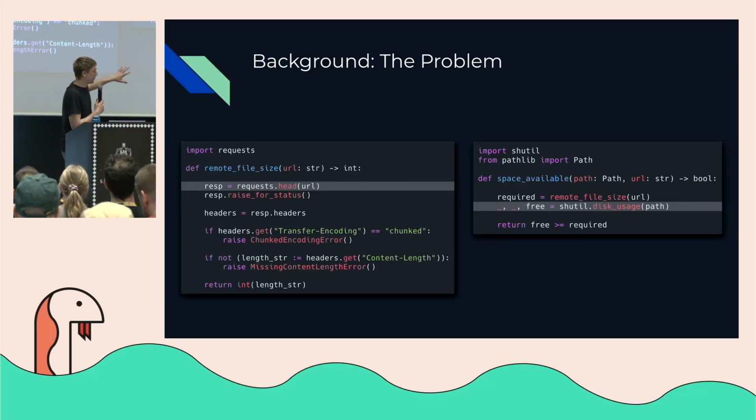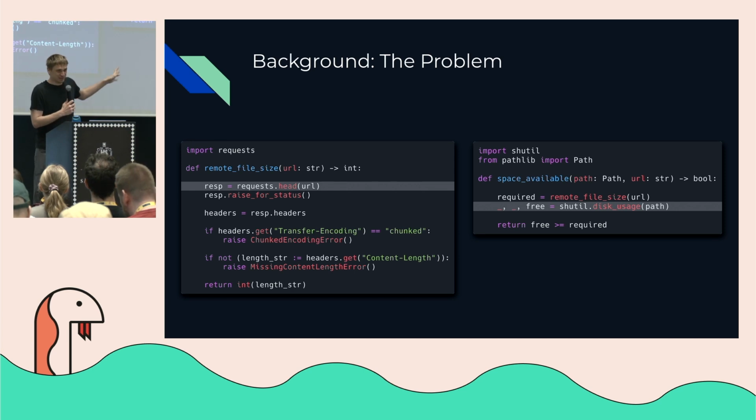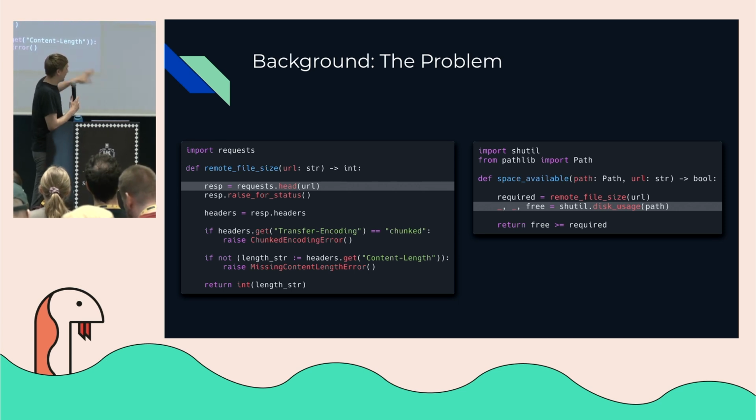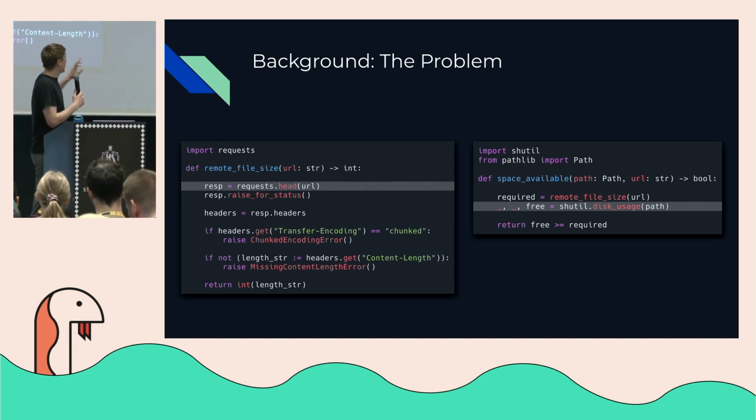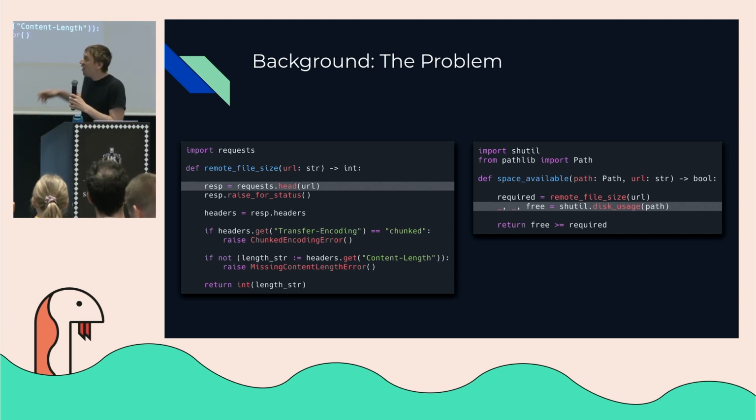This is just an example of some code that is not even really production quality code. I wanted to give an example for the slides of something that has side effects and that you want to write tests for. The idea of this example is that you're going to download some files.